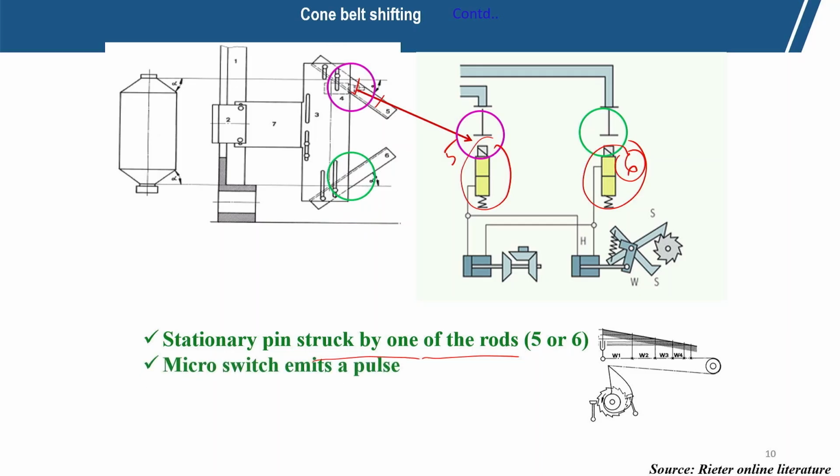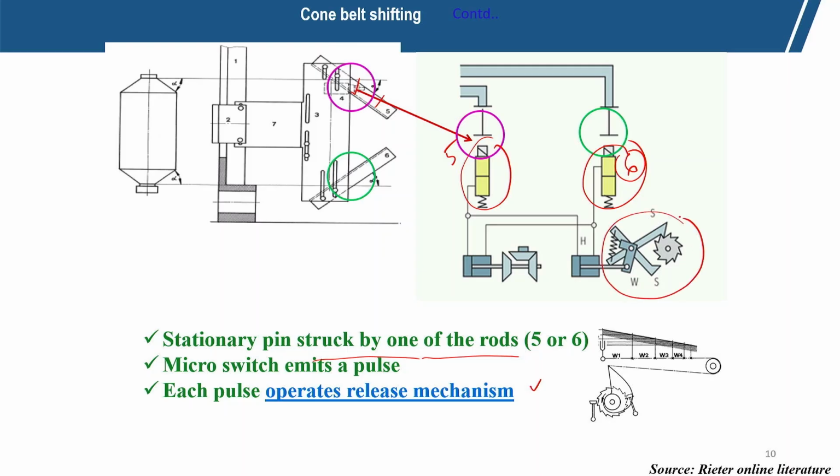The micro switch emits a pulse, and each pulse operates a release mechanism, the release of the belt mechanism. The cone belt rope will be released, through the ratchet mechanism.